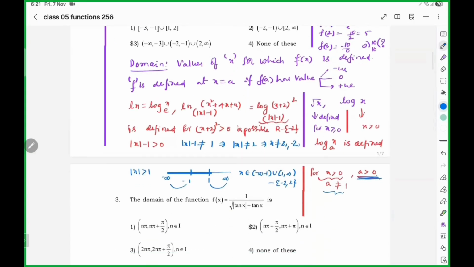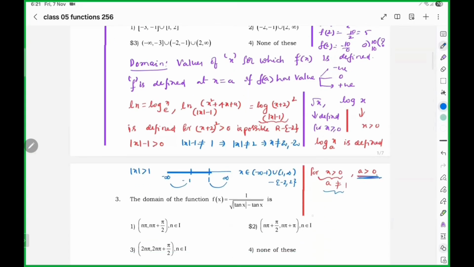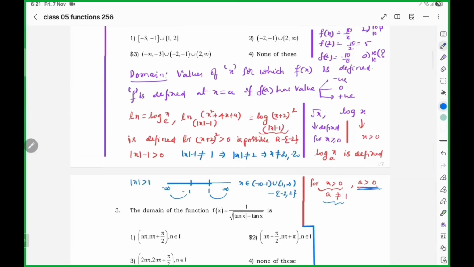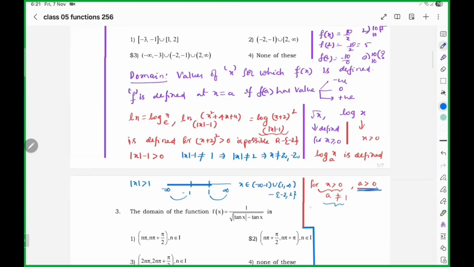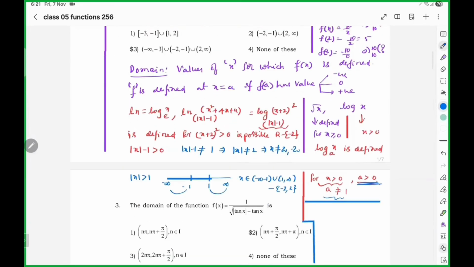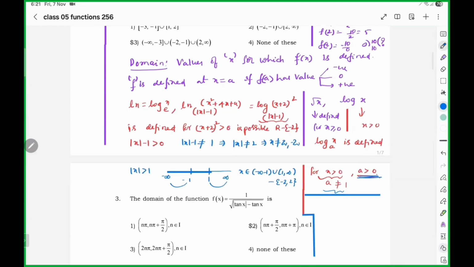And another, it is a root function which is defined. Root function is defined for whatever is inside root: mod x minus 1 should be greater than or equal to 0.